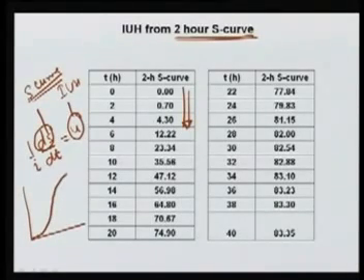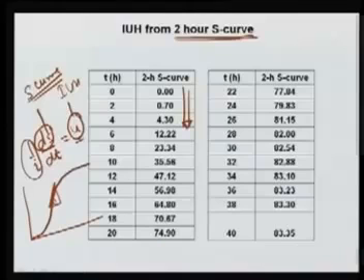The S curve looks like this. What this equation tells us is that the slope of the S curve at any point, ds by dt divided by the intensity of rain, will give us the ordinate of the instantaneous unit hydrograph, because the S curve represents the rainfall of infinite duration.